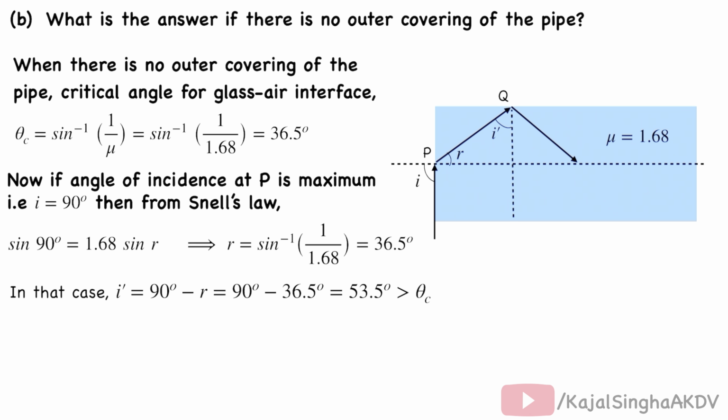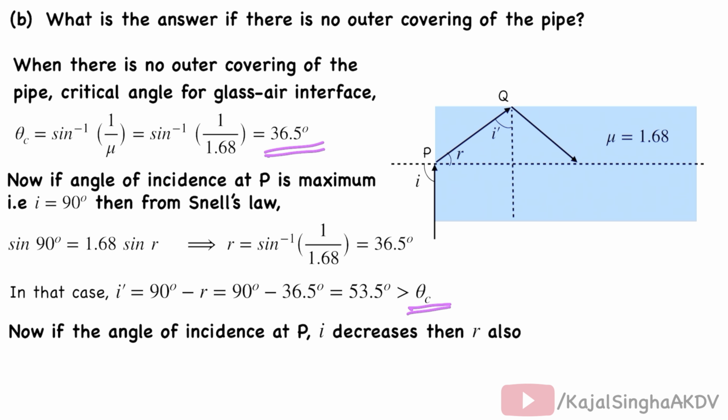In that case, i dash equals 90 degree minus r, so 90 degree minus 36.5 degree equals 53.5 degree, which is greater than the critical angle theta c. We have already calculated the critical angle theta c as 36.5 degree, and we can see that for maximum angle of incidence at point P, the angle of incidence at point Q is greater than the critical angle theta c. So total internal reflection takes place.